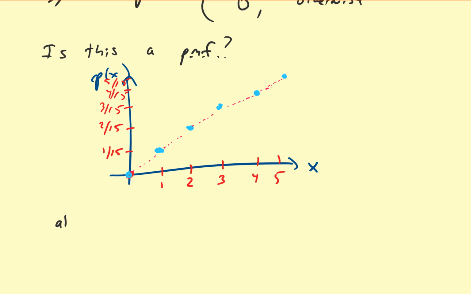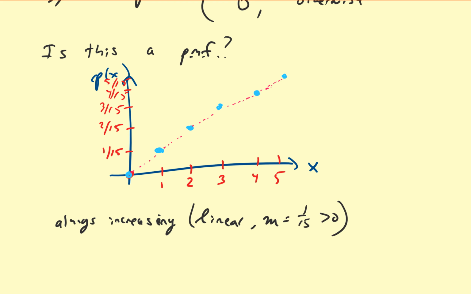And how do I know it's always increasing? Well, the probability mass function is a linear function, and the slope is bigger than 0. The slope, which is 1/15, is bigger than 0, so it's always increasing. And the minimum value is 0, so that's always bigger than or equal to 0. So no big deal there.